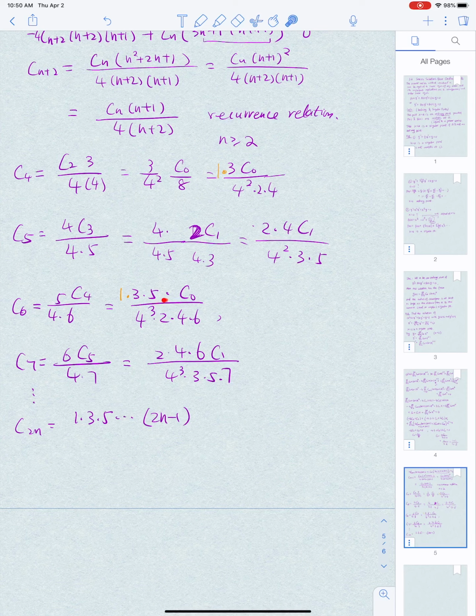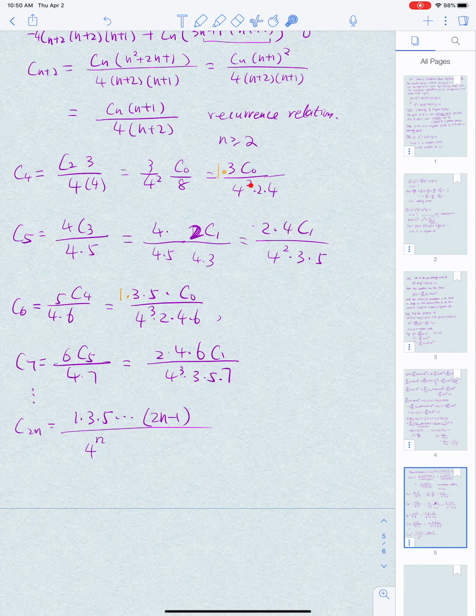For 6, there's a 5, stop at 5. If it's 4, stop at 3. So here, if it's 2n, we stop at 2n minus 1. And then the denominator, we can see here when n, so think of this as 2n, where n equals 2.